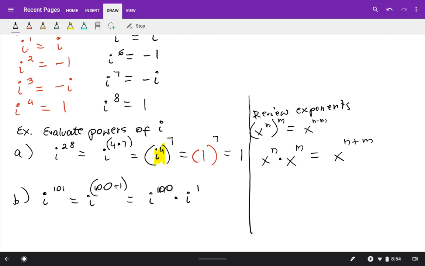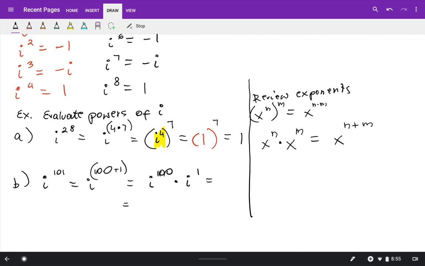So what we had was i to the power of 101. So 101 I rewrote as 100 plus 1. Using the rules of exponents, you can rewrite that as i to the power of 100 times i to the first power. Now, 100 is a multiple of 4, so from here you're going to get 1, but I want to show that you can rewrite that as i to the power of 4, and then everything to the power of 25.